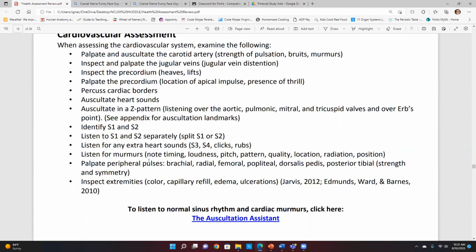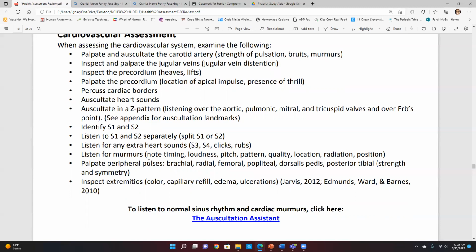Okay, so if you're not sure about the heart sounds, when I post this, I'm going to post some links for listening to what the S1 and S2 sounds should sound like, but you need to be familiar with that. You also need to be familiar with the S3 and S4 sounds. Those are extra sounds. Those are not necessarily normal sounds. S4 is always going to be a pathological sound. The S3 sometimes may be a normal finding.